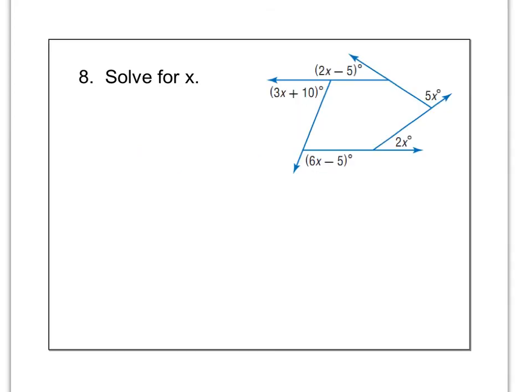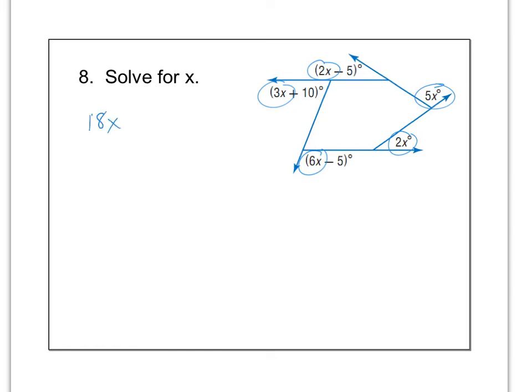Please try number 8. All right, so these are exterior angles. So it doesn't matter how many sides it has, they're going to add up to 360. So take all your like terms, 6x, 2x, 5x, 2x, 3x. Let's add that up. Let's see, 5 and 6 is 11, 12, 13, 14, 15, 16, 17, 18. I think I got 18.